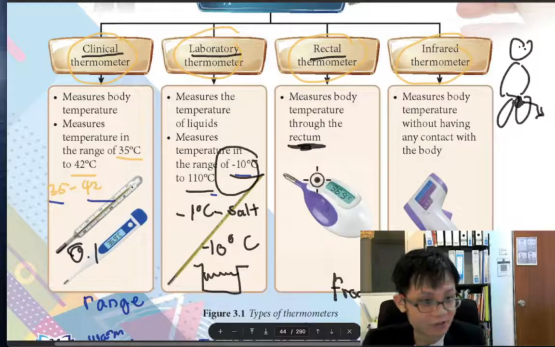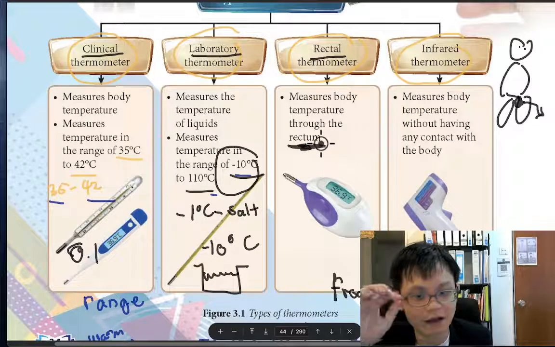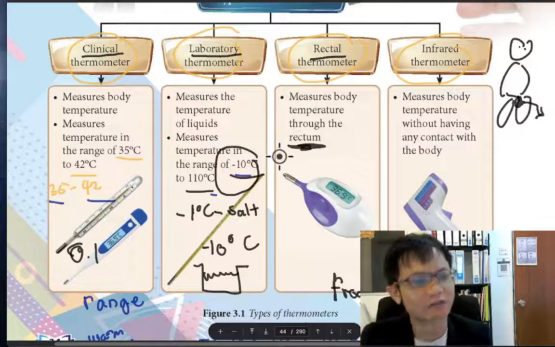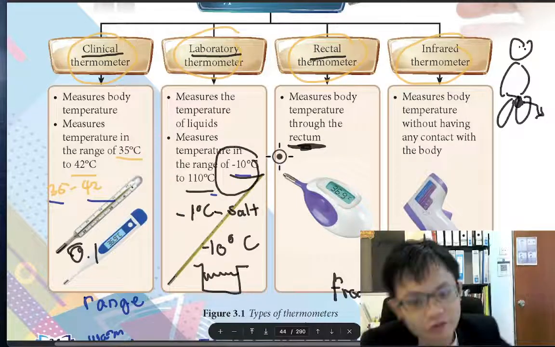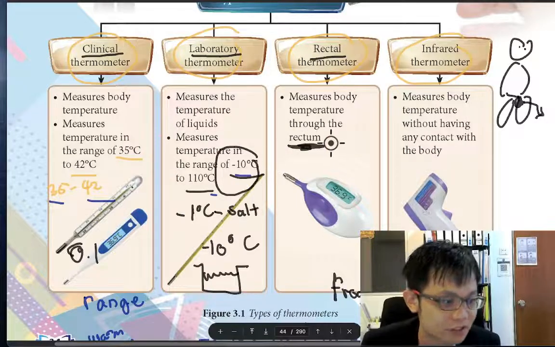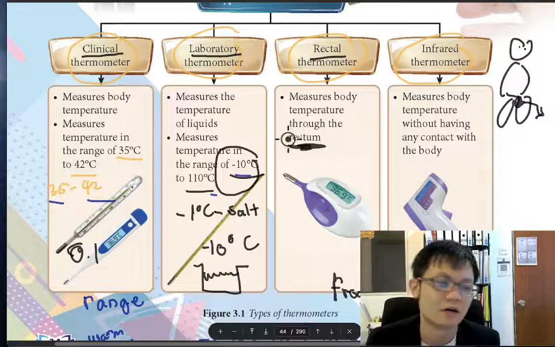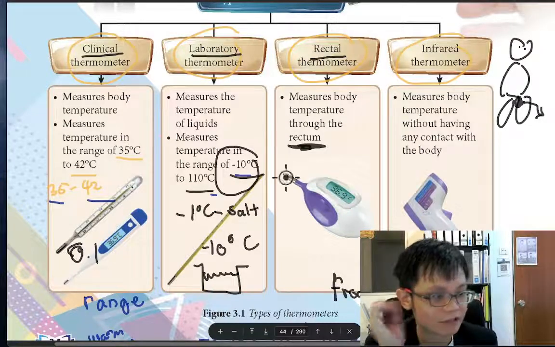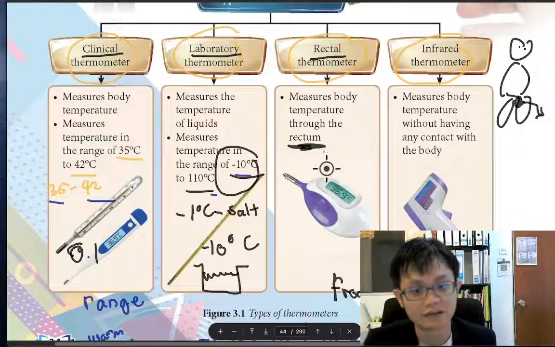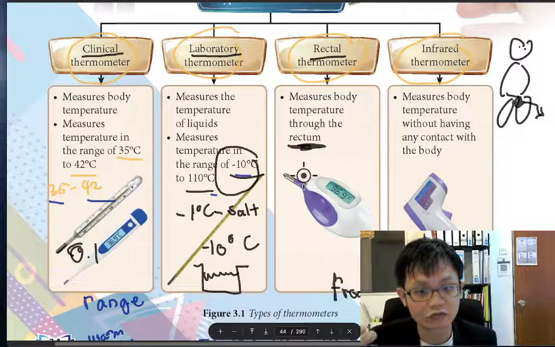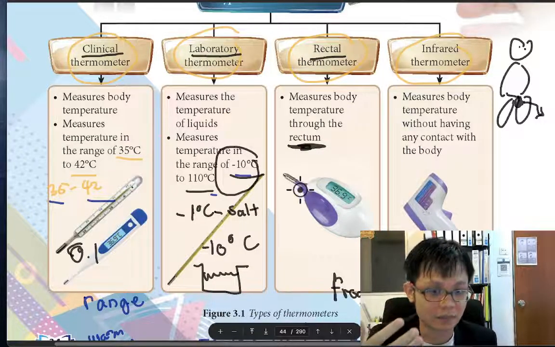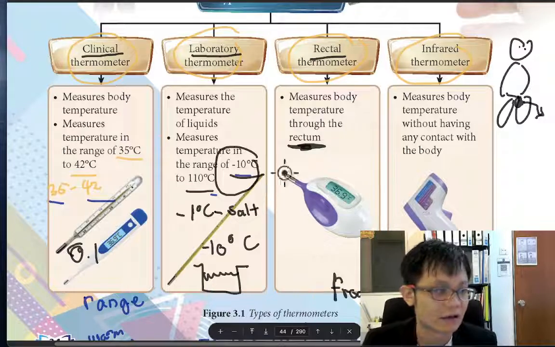For the baby, you don't want to say, okay baby, open your mouth, I want to put the thermometer in. No. So you can either use the rectum to measure the temperature, usually for children, or maybe the ear. And this is more accurate because this one is into your body.